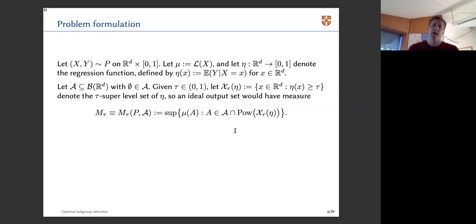And some notation that's going to be very convenient is to talk about the tau super level set of eta. So that's the set of points x for which eta of x is greater than or equal to tau. And I'll write that as curly X tau of eta.